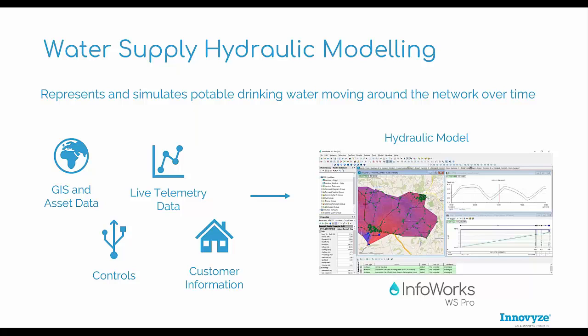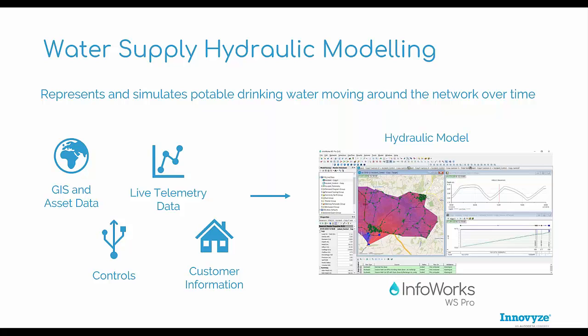Thanks very much, Ben, and welcome everyone to this webinar wherever you are in the world. So Innovise's water distribution hydraulic modelling solution, InfoWorks WS Pro, is what we're going to be predominantly looking at today, and is used globally by water utilities and their supply chain.